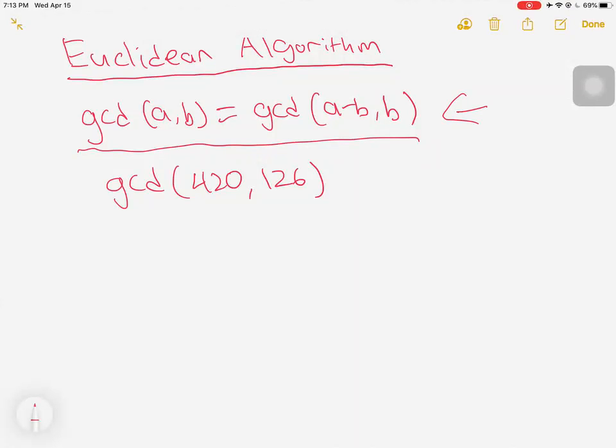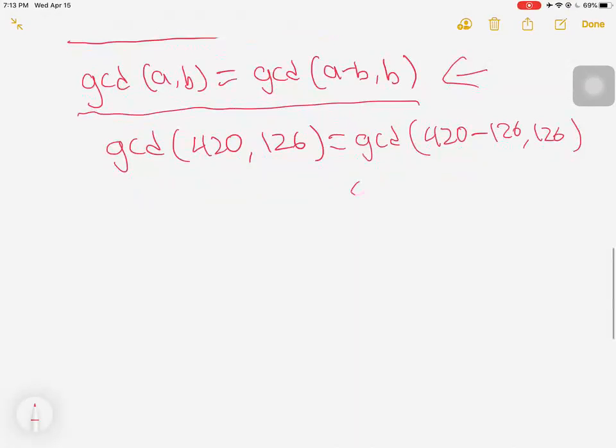That states the GCD of 420 and 126 is also equal to the GCD of 420 minus 126 and 126. So we can simply evaluate that and get 294 and 126. And as you can see, we've lowered the numbers quite a bit.